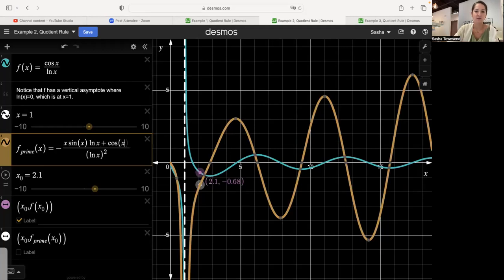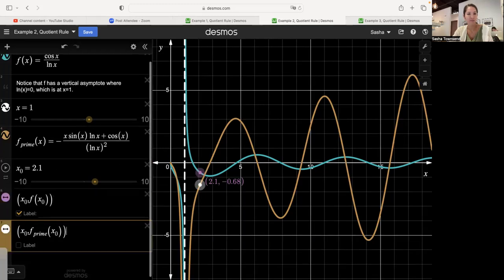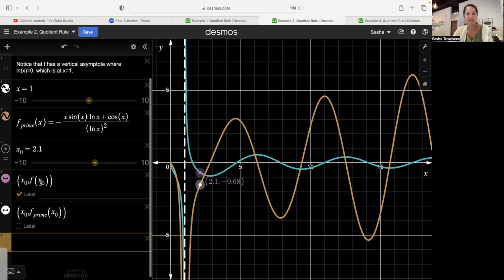And let's do the same thing for cosine. So after adding those parentheses around the argument of sine and cosine, this is what the graph looks like. And I have selected an x naught equals 2.1. And then labeled f of x naught and f prime at x naught.